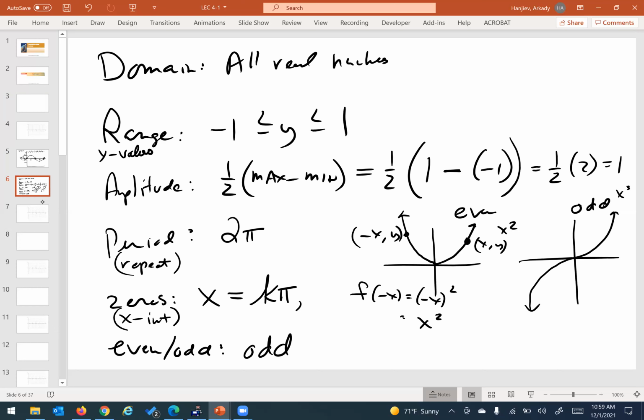Odd functions, yes, they do. Because I plug in a negative into here, negative cubed gets me, oh, look at this. I can still have my x cubed, that's fine, but then I have to push the little negative in front of it.